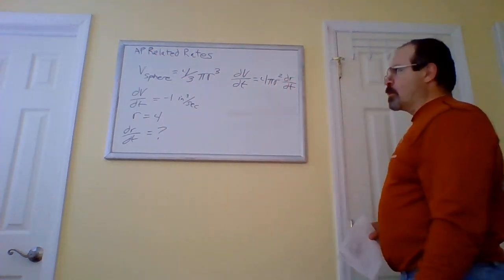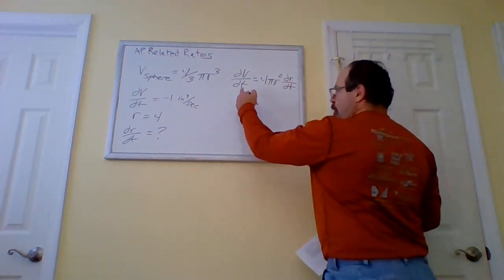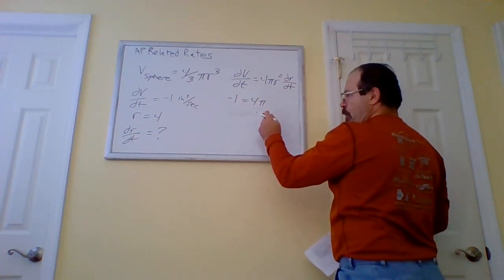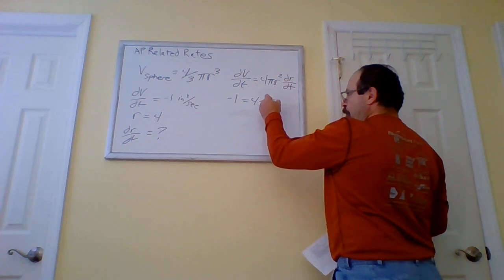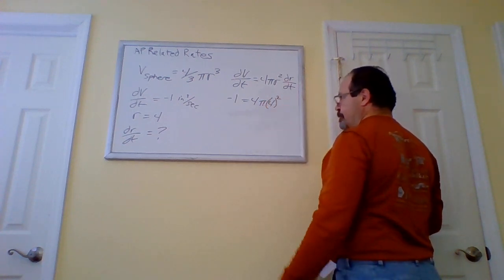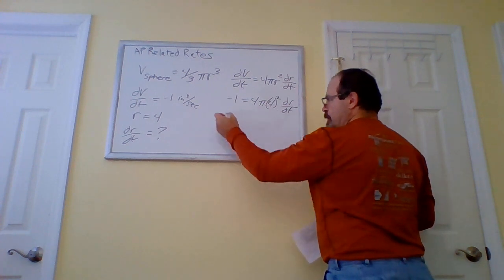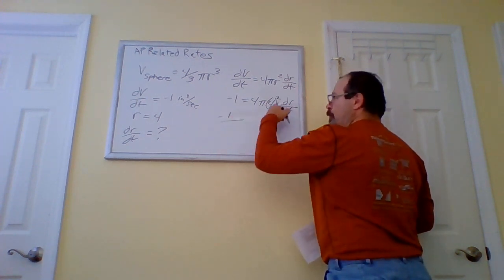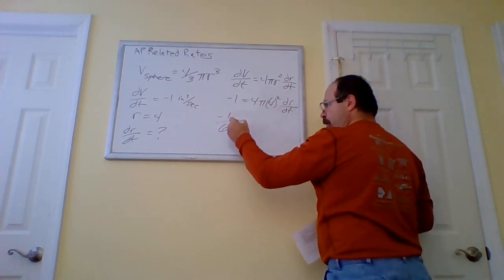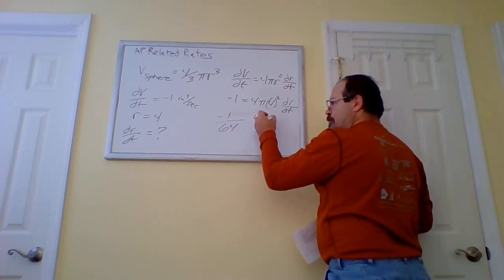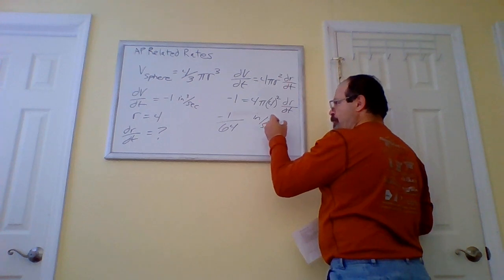See how that works? Negative 1 has to equal 4 pi times 4 squared times dr/dt. And then you get negative 1 over, if you want, go ahead, multiply it out. Units are linear though, right? Be careful of your units.